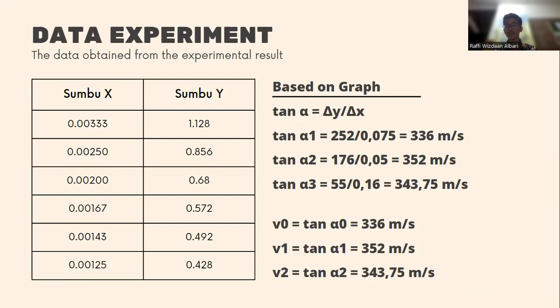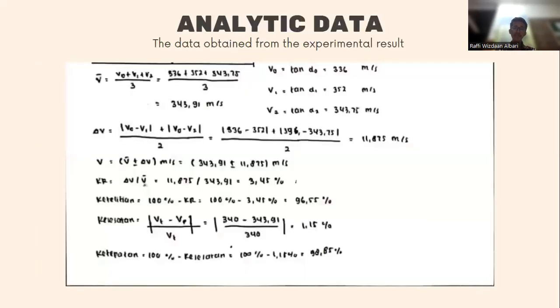So we have the velocity, V0 is 336 meters per second, V1 is 352 meters per second, and V2 is 343.75 meters per second. And this is the analysis of the data.